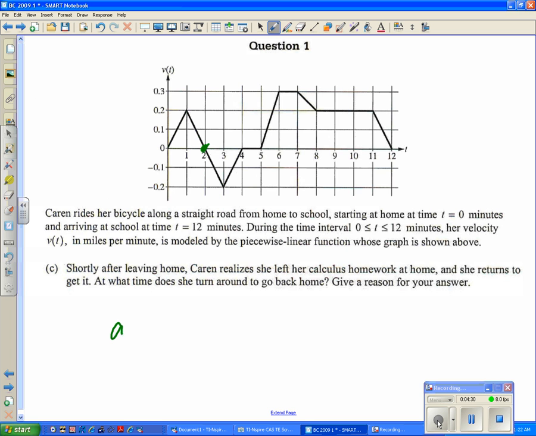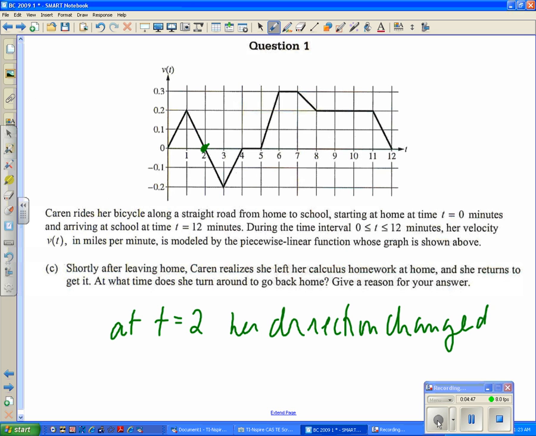So I would say the time is at t equals 2, she turned around, and the reason is because her direction changed from positive to negative.